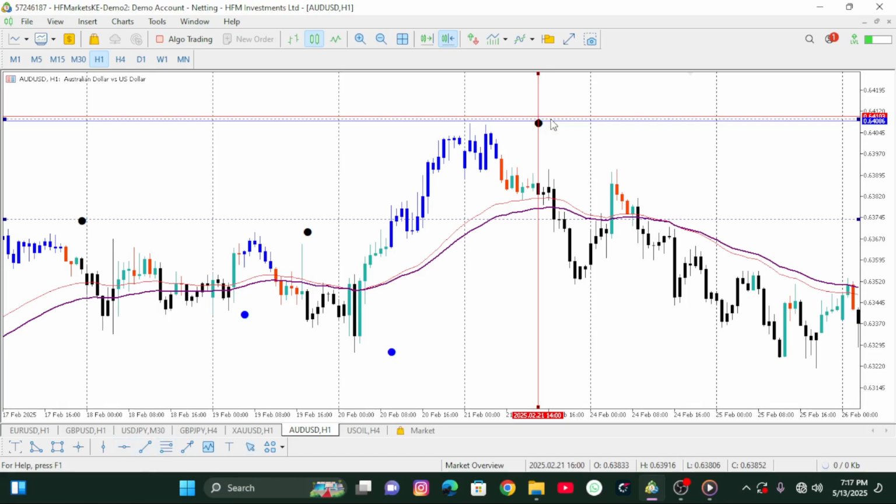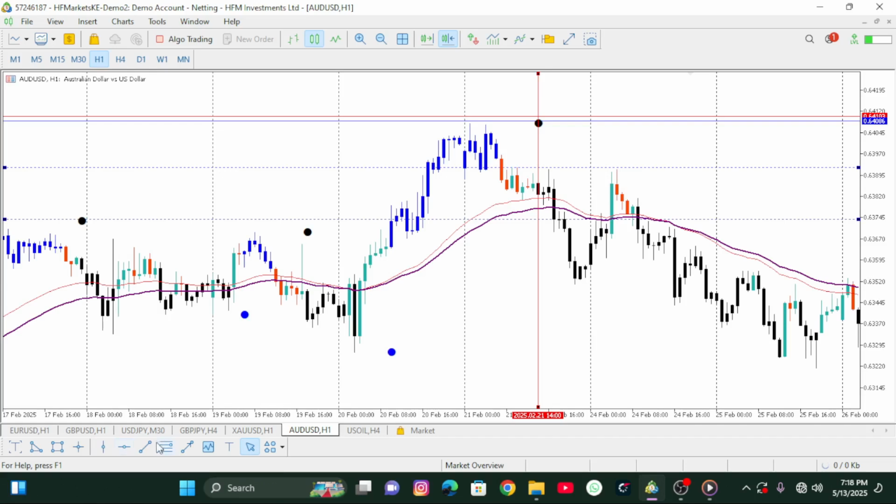And probably if you want a better place to set the stop loss, you can drag your stop loss above this swing high. You see this one, above this swing high. It's nice if you give it a bit of space there.